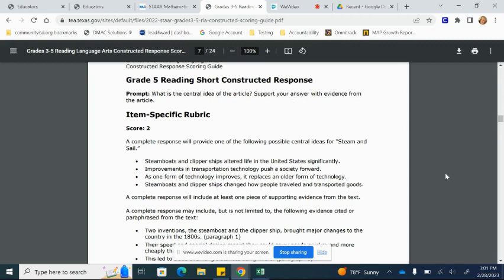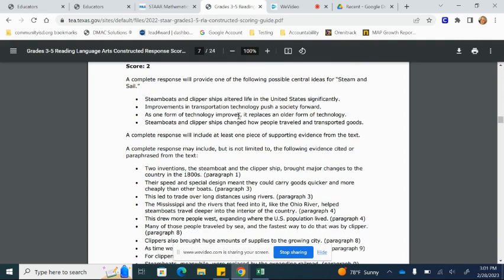Okay. Now underneath that, it shows you for the first part, a complete response will provide one of the following possible central ideas. And it gives you 4 possible answer choices for main idea. Okay. And then a complete response will include at least 1 piece of supporting evidence from the text. So only 1 piece of evidence is needed.